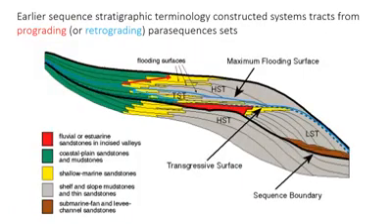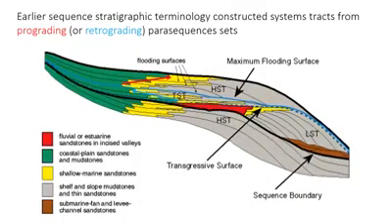Until recently, sequence stratigraphic terminology was based on the idea that systems tracts were made up of sets of parasequences. Each parasequence is progradational, that's the typical coastal parasequence, but those parasequences were stacked in larger-scale sets that were either progradational or retrogradational.